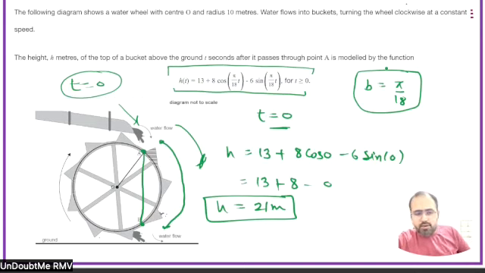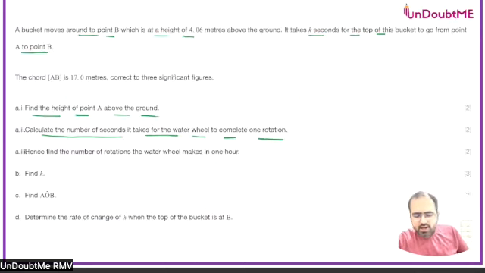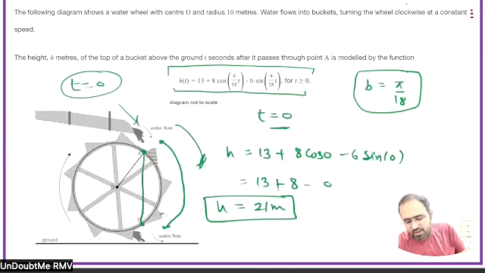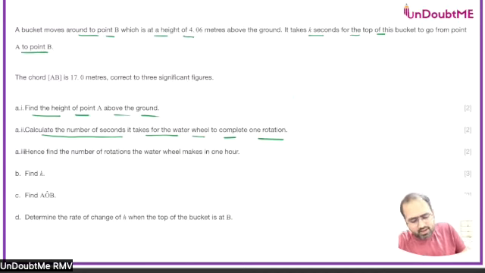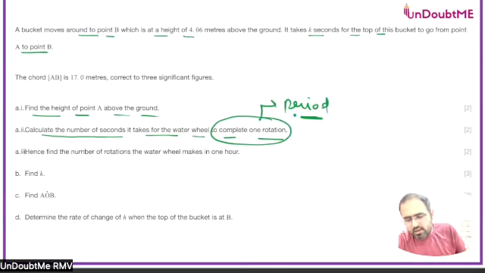In our earlier question, I told you that if we have the period and need to get the b value, we can do it. Now here they are asking the opposite. They have already given us the b value, and one complete rotation means one period. And for a trigonometric function, period is always 2 pi by b.